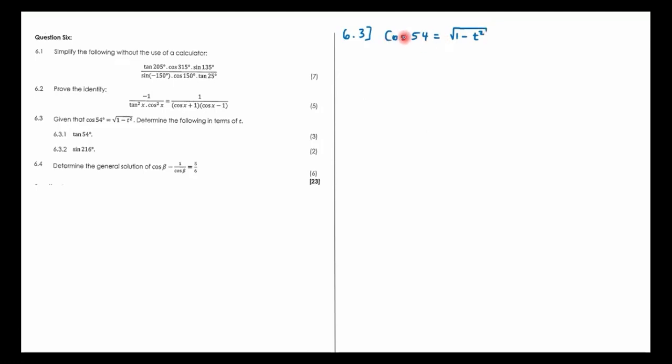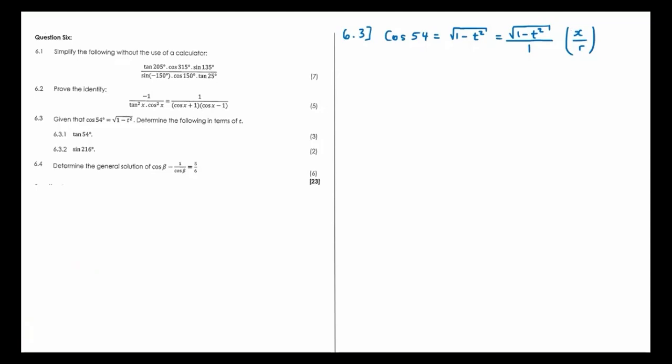Now I know that this is a trig ratio, right? Because if I'm going to draw this into a triangle, I need to write this as a ratio. So cos, I know that can be adjacent over the hypotenuse. So now here, because I was given it like that, my hypotenuse is going to be 1. So now here, I know that it's going to be my adjacent, so I'm going to call it x. Hypotenuse is going to be my r.